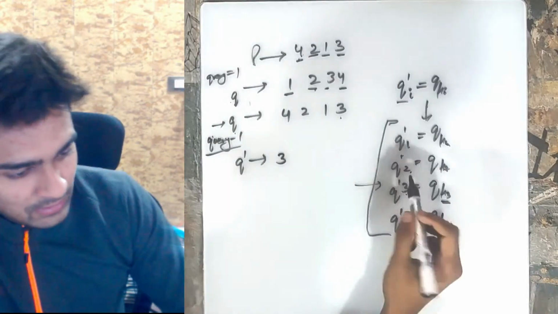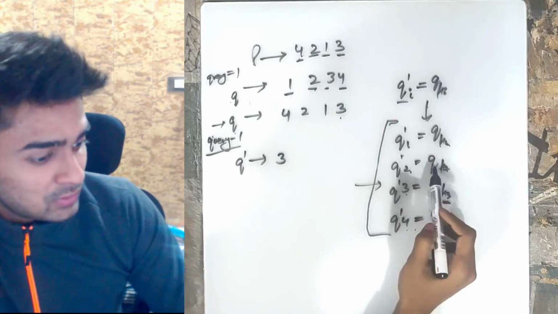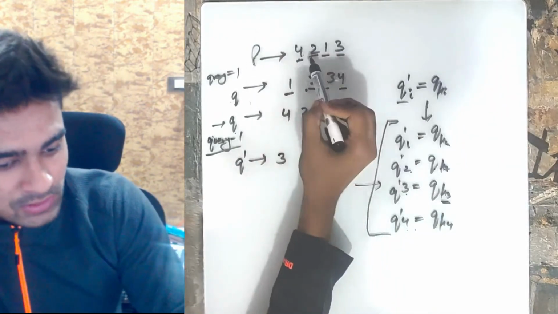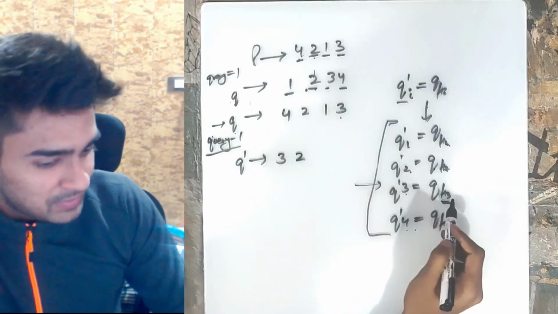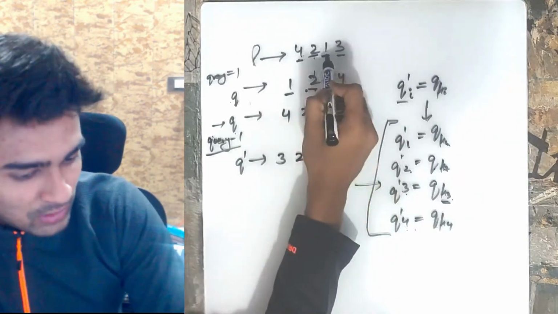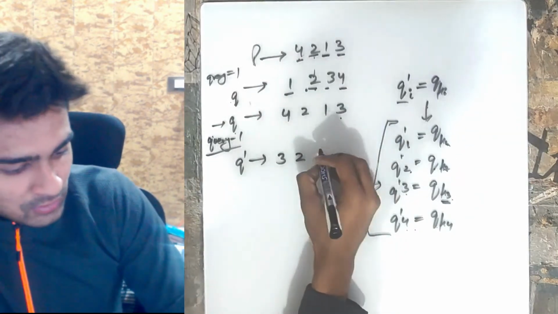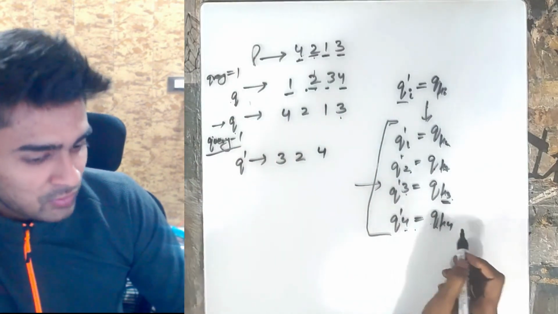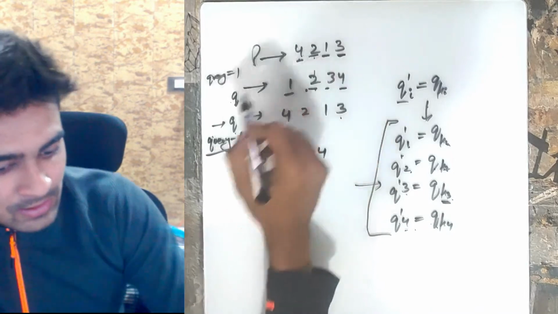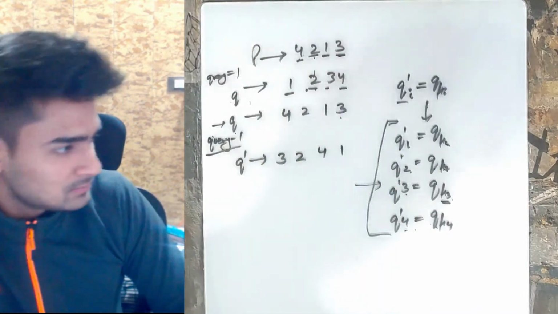Then Q dash 2 is equal to Q of P2. P2 right now is 2. Q of 2 is 2 again. Then Q dash 3 is equal to Q of P3. P3 right now is 1. Q of 1 is 4. And Q dash 4 is equal to Q of P4. P4 right now is 3. Q of 3 is 1.